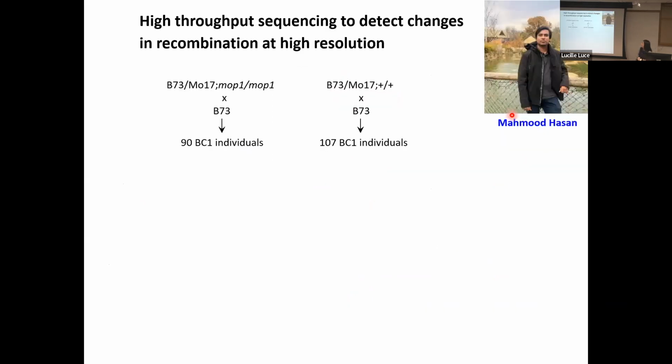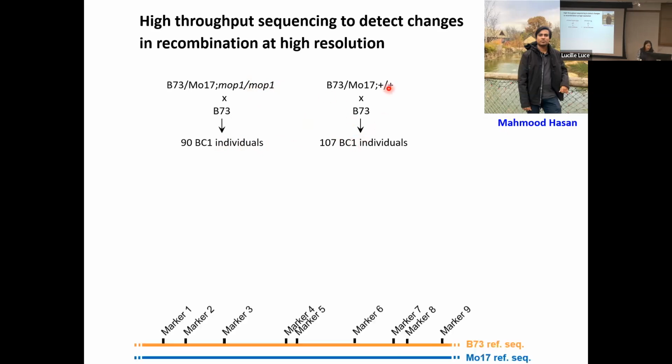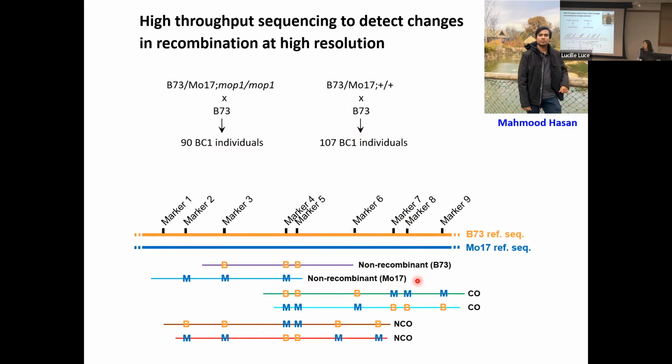So actually, later on, my lab also did high throughput sequencing. We tried to create a high resolution crossover map. So we sequenced the whole genome of 90 backcross individuals derived from the mutant, and over 100 derived from wild type. We tried to use all the SNPs to limit each crossover to a very small region.